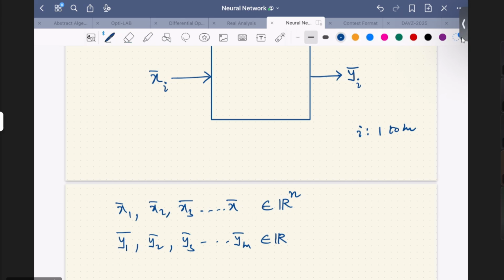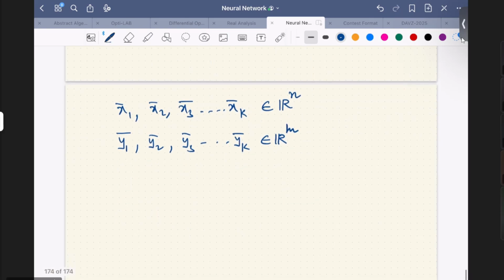I will use k here, since n and m we are already familiar with. So I have an n-dimensional input and a k-dimensional output for everything.